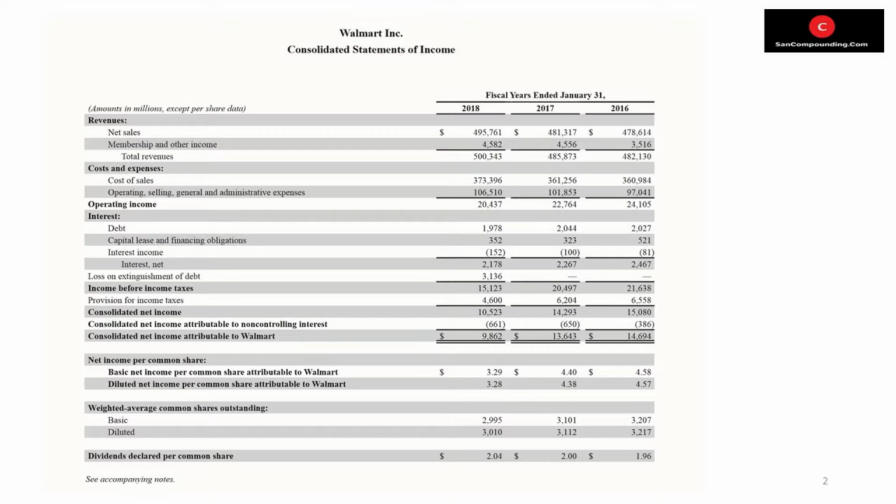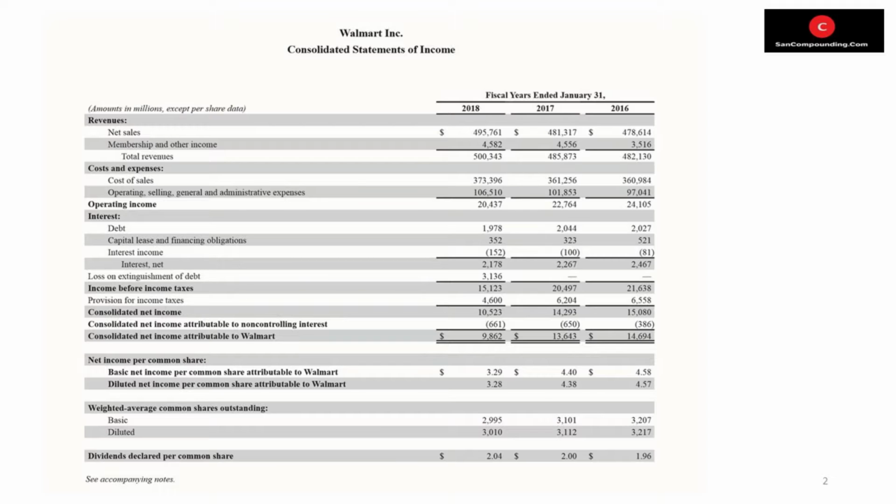The next component of expenses is the interest, which is nothing but typically businesses or companies take debt to put in their business to grow. So they have debt here, and the interest on debt is almost $2 billion, and you could see the details of debt and things in the balance sheet, which we will take in the next section. You also see capital lease and financing obligations.